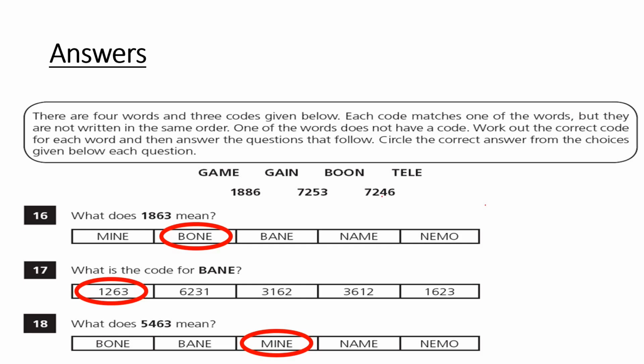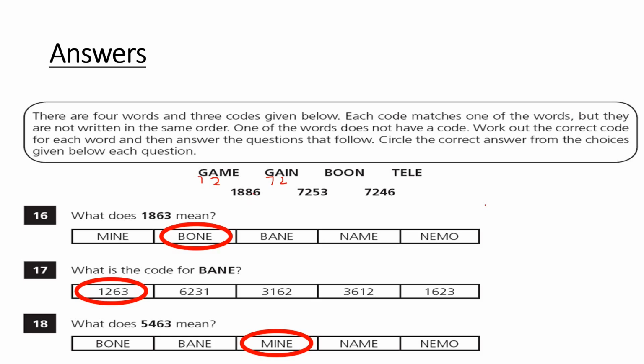So 7246. Okay, is there anything else? Can 3, 5, or 3 help us? We can write down 72 over here just to help us. We might not need to figure out the whole thing. We'll see. Okay, and we have a 1886. So let's try to find this connection over here.